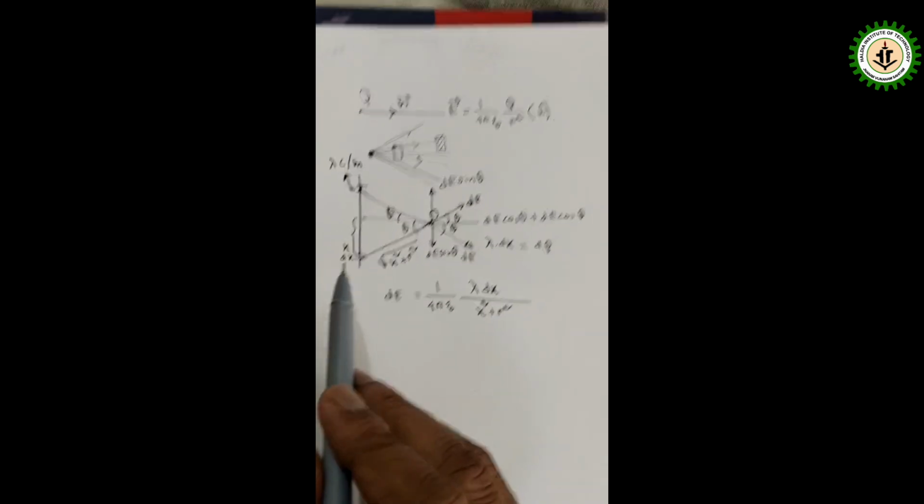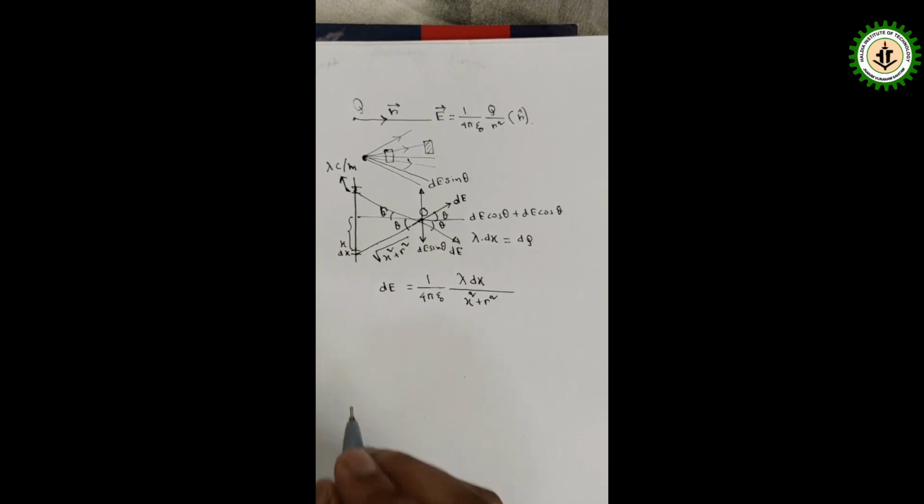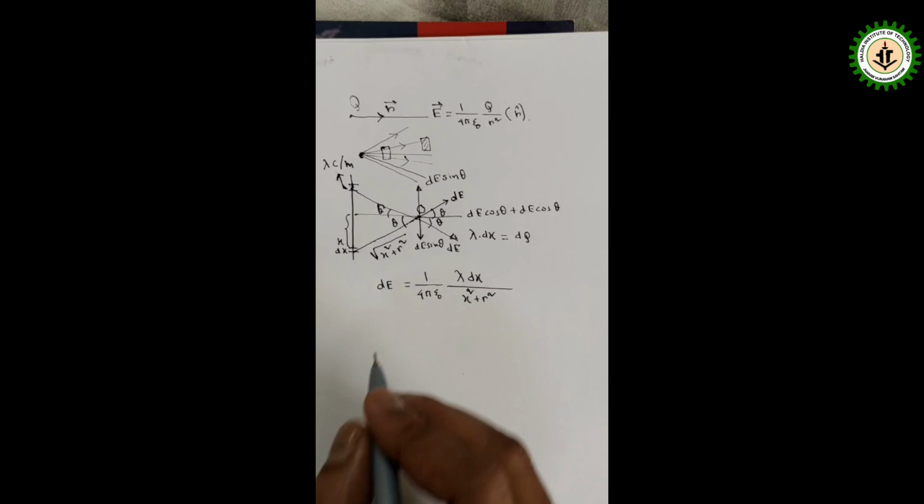So if I consider this infinite wire and split it into small segments, all the sine components cancel and the effective component is dE cos theta.